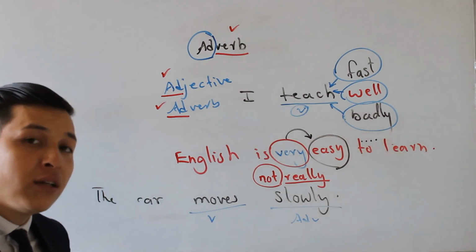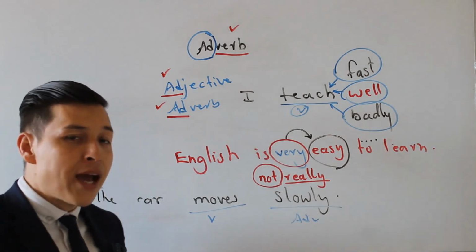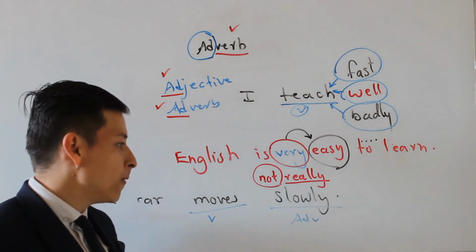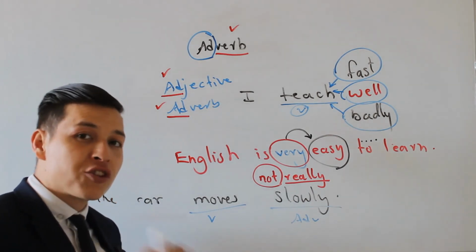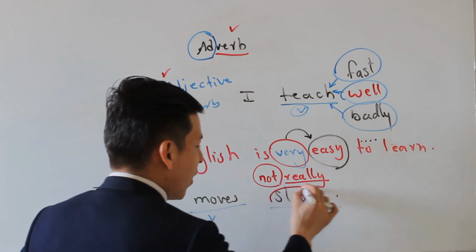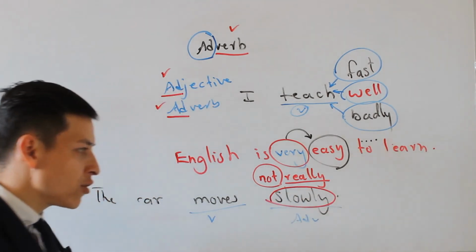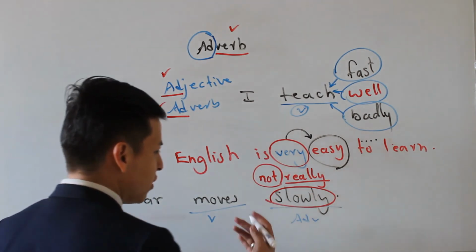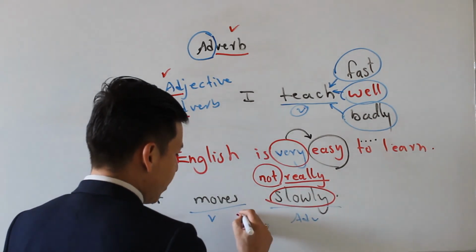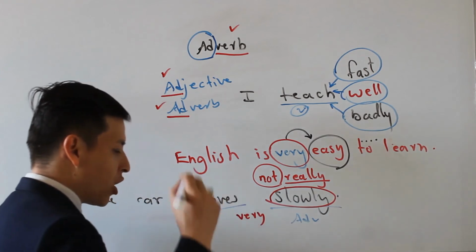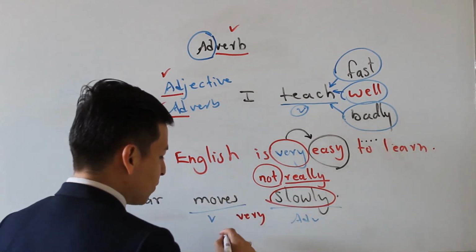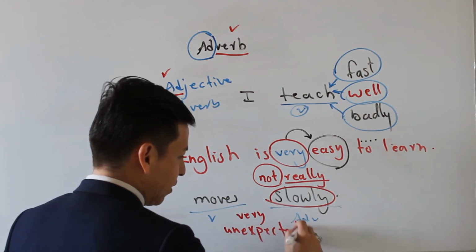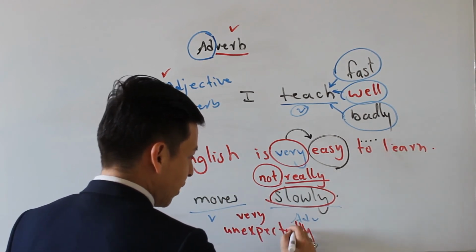How slowly the car moves. Now we are going to add some more information, and we somehow use another adverb to describe the degree of what? The degree of slowly. We say that the car moves very slowly, or the car moves, for example, unexpectedly slowly.